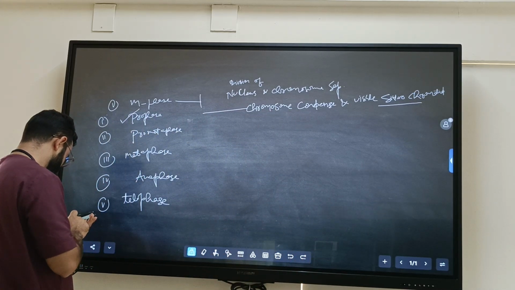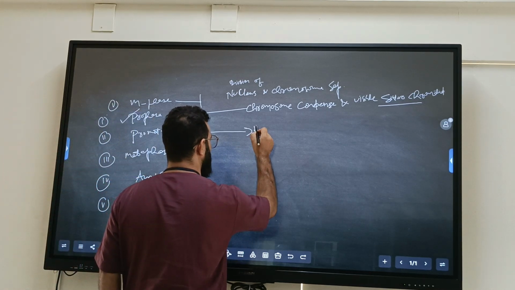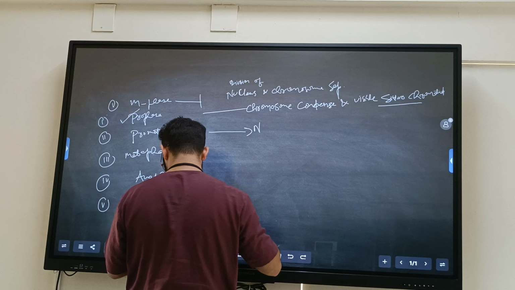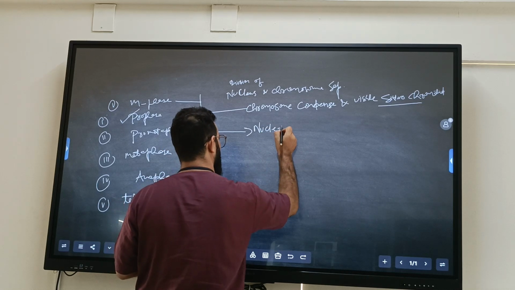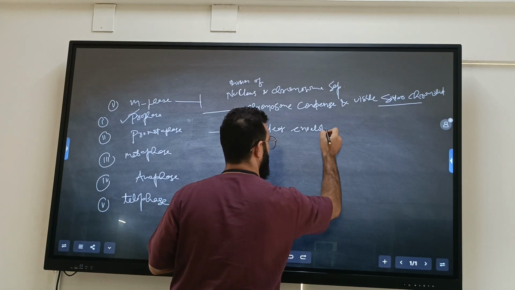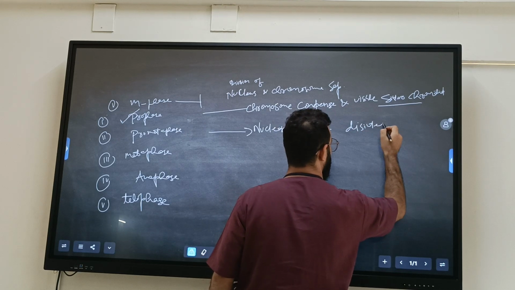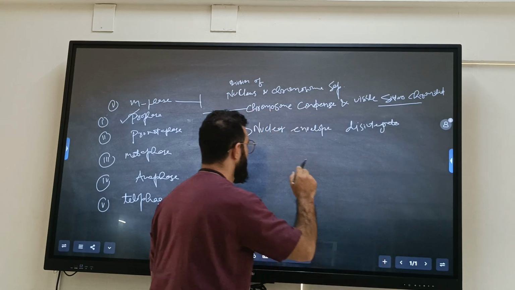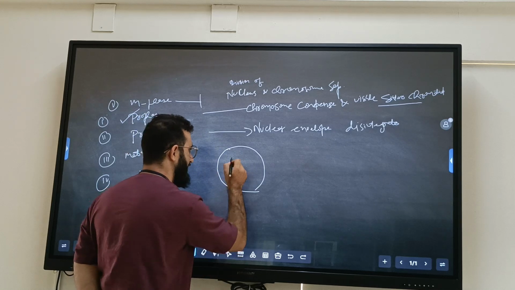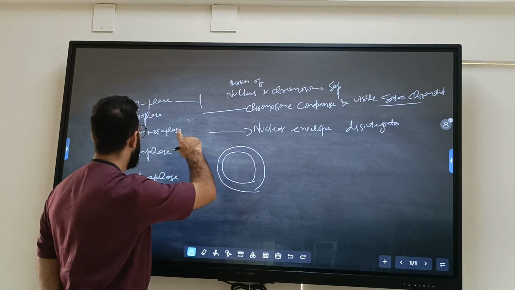Then prometaphase. In prometaphase, there is nuclear envelope disintegration. See, here, for example, this is a cell, okay, and this is a nucleus. First in the prophase, what will happen?